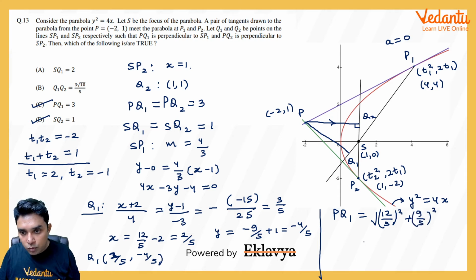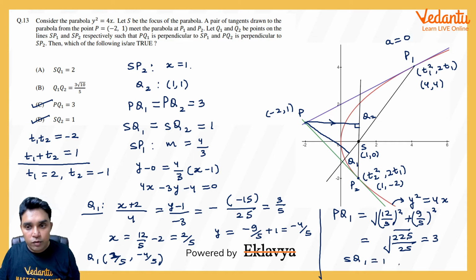Okay, so how much will it be? 12 square plus 9 square is 225, and whole divided by 25 here. So you can check, it comes out to be 3 only. So PQ1 is also 3 if you find it this way, and similarly you can check for SQ1 also, it will come out to be 1.